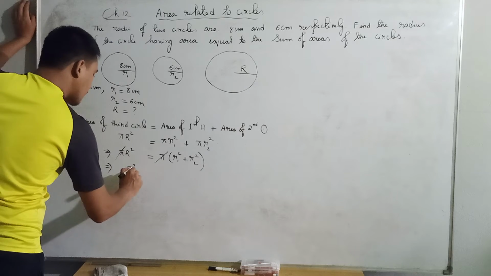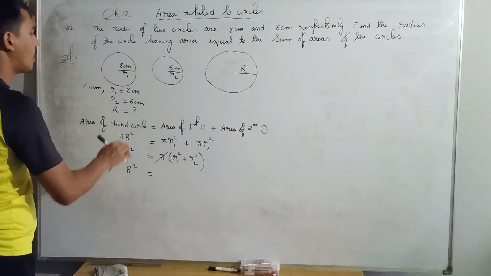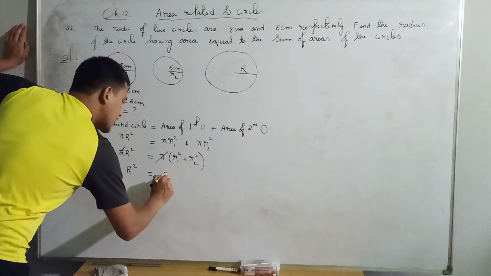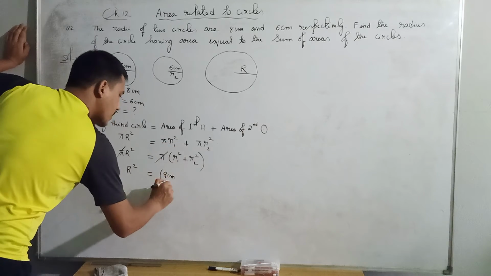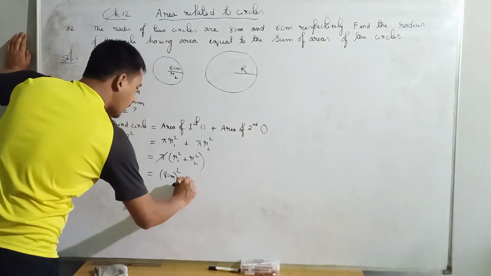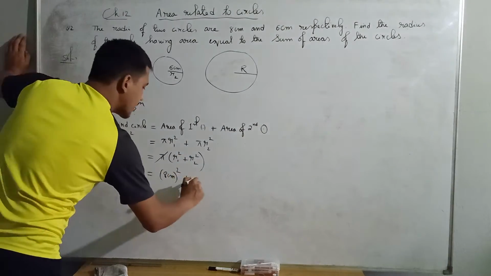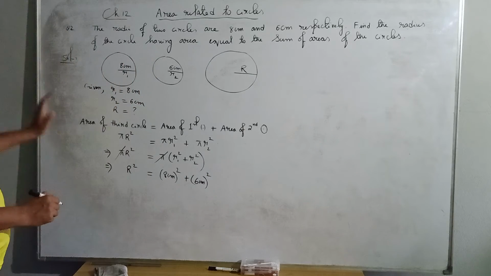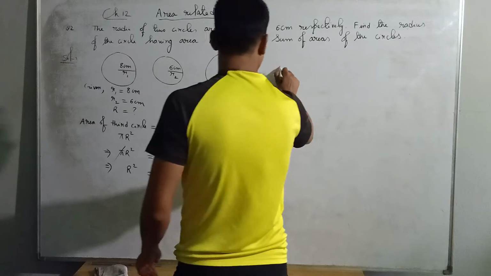So your R square will be R1 square plus R2 square. Your R1 is 8 centimeters, so R1 square is 8 centimeter whole square. R2 square, your R2 is 6 centimeter, so R2 square means 6 centimeter whole square. So we need to simplify this.